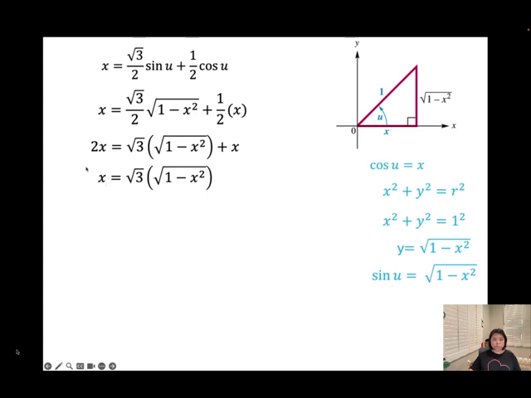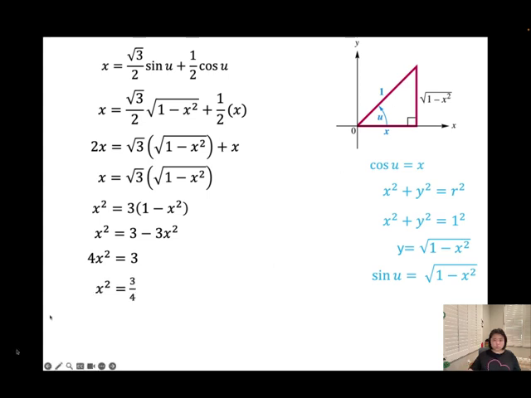And then we take the square of the whole equation. Distribute the 3 here. And then we add 3x squared to both sides. Divide by 4.